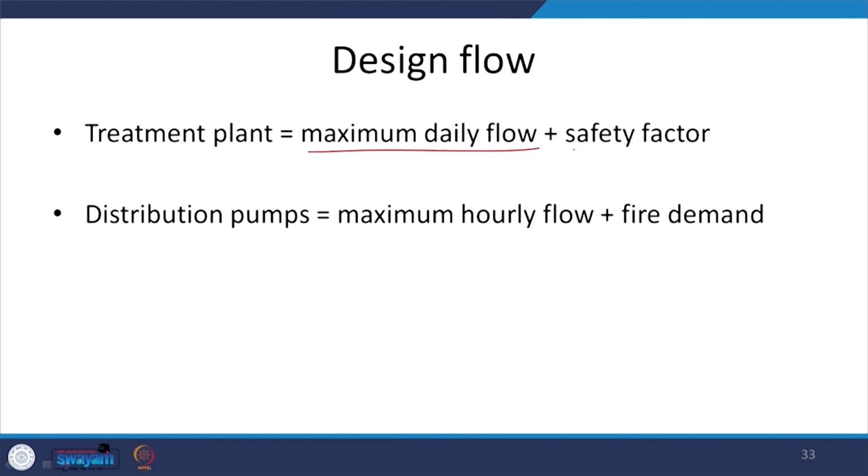Maximum daily flow and some safety factor. But with respect to the pumps, what do they need to look at? Maximum hourly flow, and more importantly, the fire demand. This is something we need to consider, especially when we are looking at the distribution pumps or OHTs, right? Let me move on.